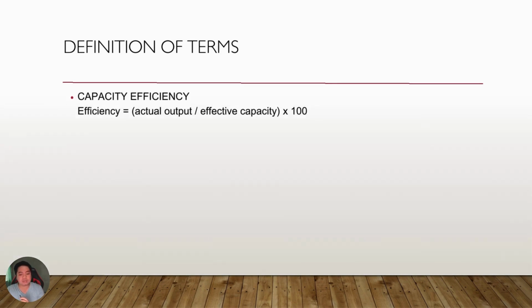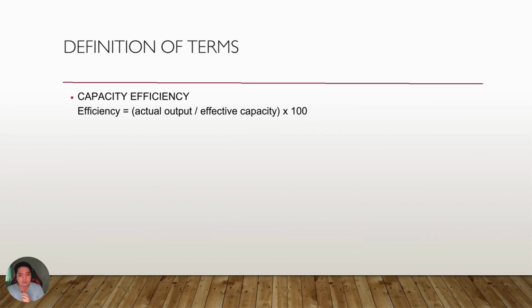Capacity efficiency is the ability to produce without wasting materials, time, or energy. So you are being efficient in terms of the available resources. It is computed as actual output divided by the effective capacity, times 100. That will be your rate for capacity efficiency.